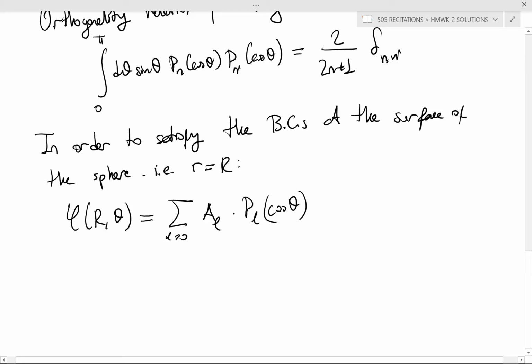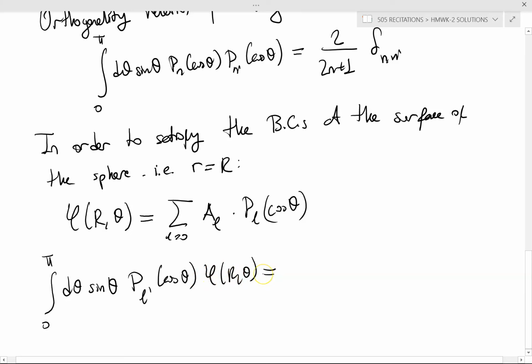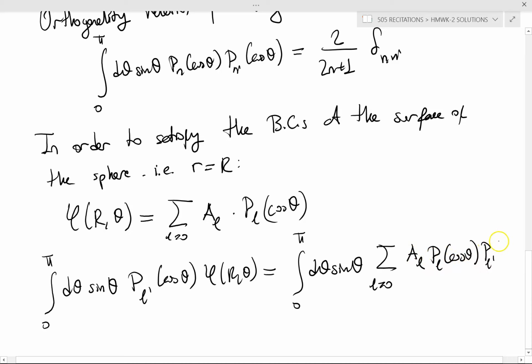If this is the case, let me take the integration again with the very same idea as the previous problem, but this time for Legendre polynomials: the integral of sine theta P_L prime cosine theta psi(R, theta) d theta, which is equal to the integral from 0 to pi d theta sine theta, sum over L, A_L P_L cosine theta P_L prime cosine theta.